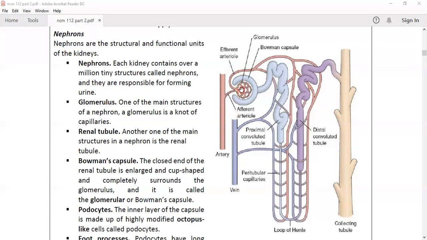There is another arteriole that goes out of the tuft of capillaries. That is your efferent arteriole. When we say efferent, palabas or paalis.